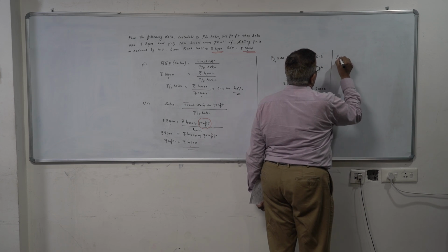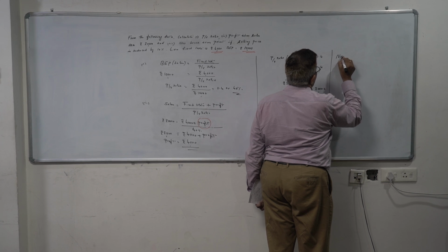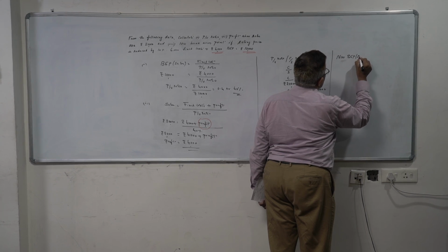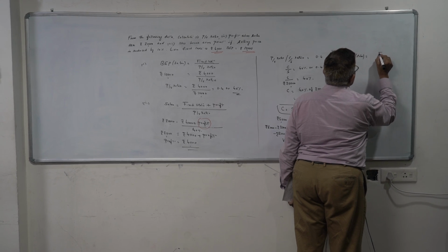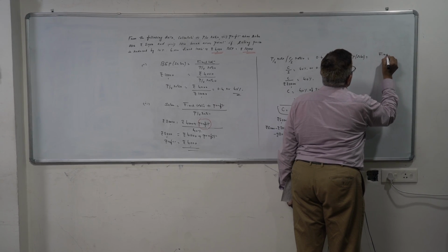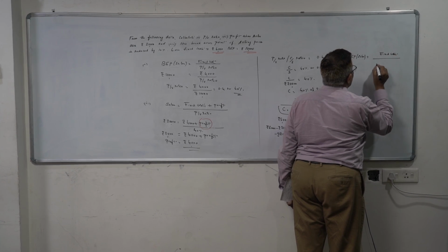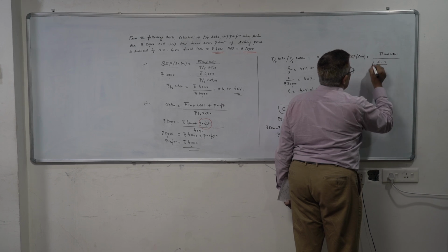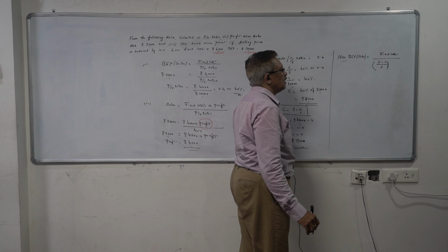The new break-even point in terms of sales equal to fixed costs divided by S minus V by S. This is nothing but PV ratio.